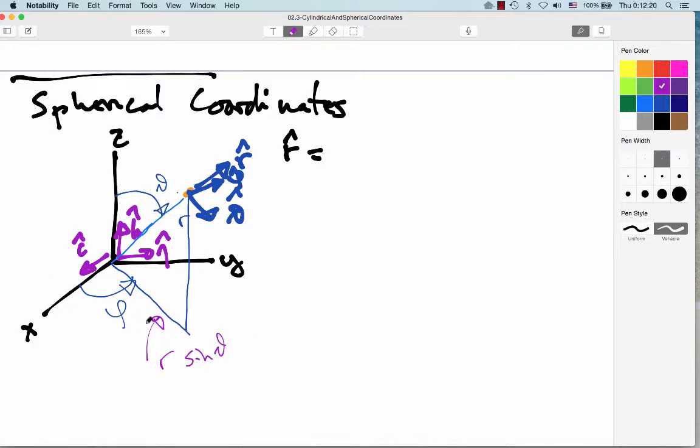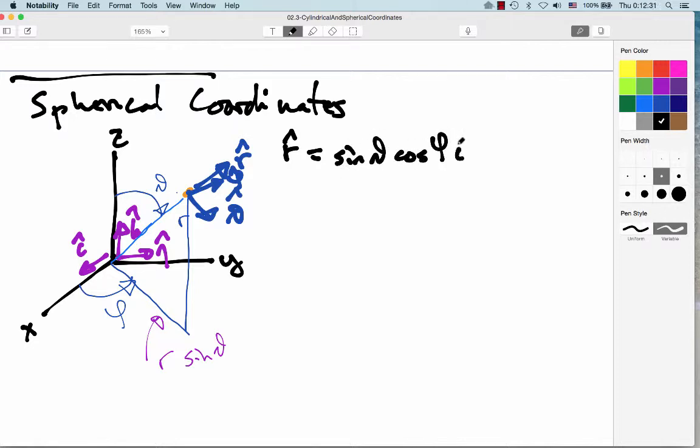And then to get this length over here, I'd have to multiply that by cosine phi. So it'll be equal to sine theta cosine phi i hat plus sine theta sine phi j hat plus cosine theta k hat.